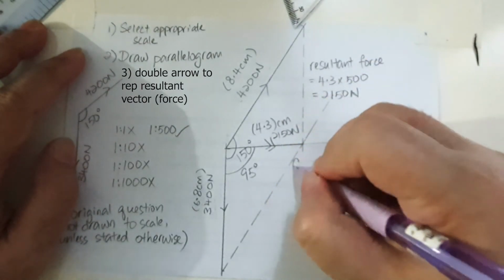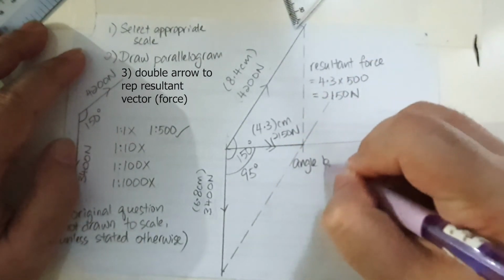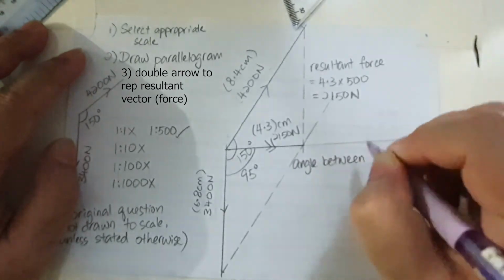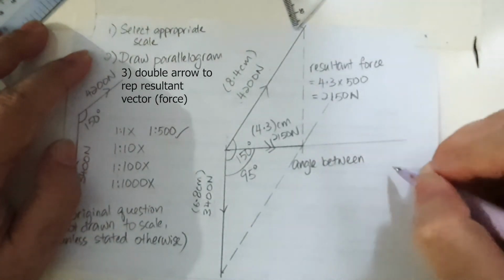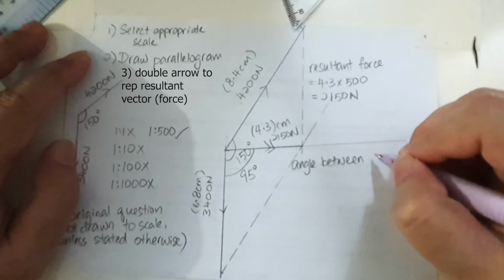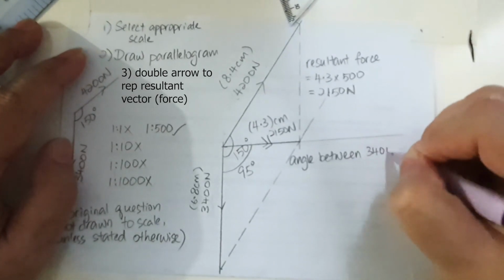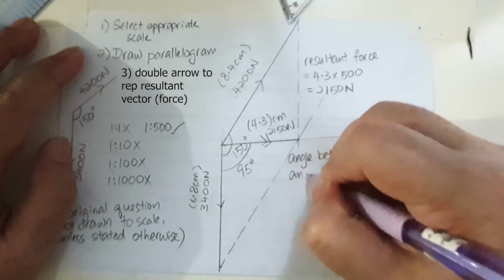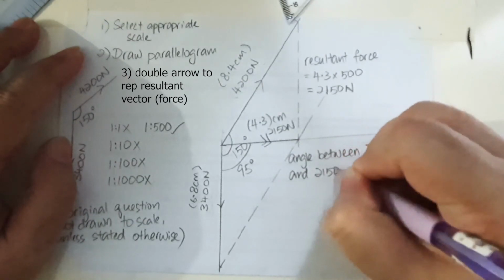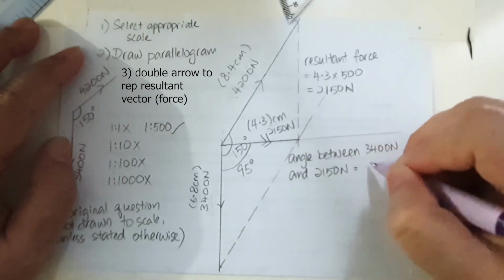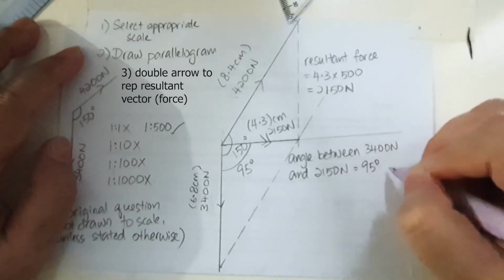And always make it a habit to annotate back in the vector diagram. And the angle between 3,400 newtons and 2,150 newtons is actually the direction of the resultant vector. So you just measure the angle and you get the direction.